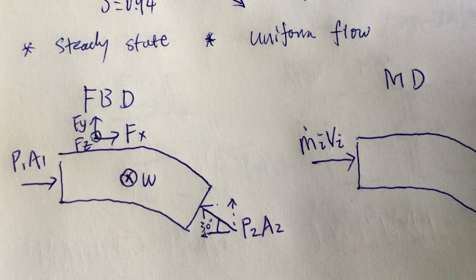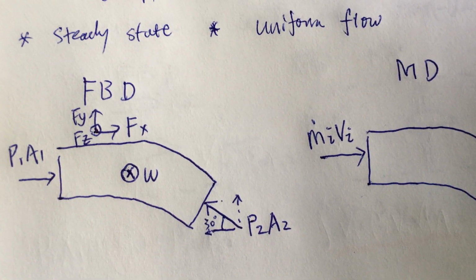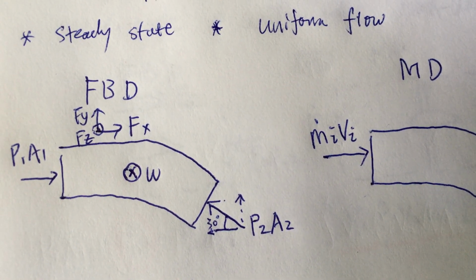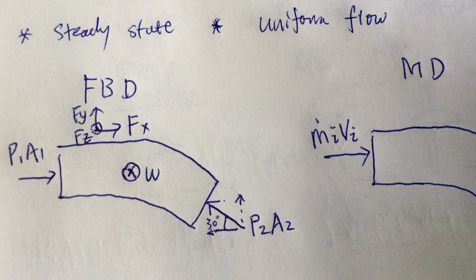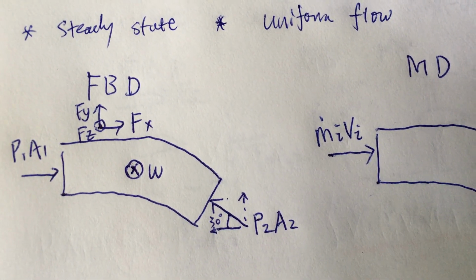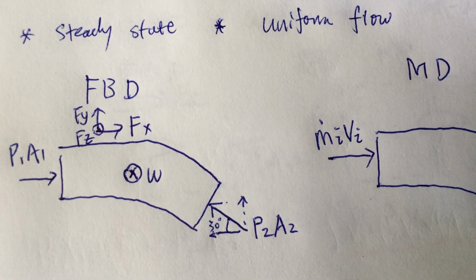If you detach the support, you draw a free body diagram, you have to replace it by the force. You don't know the direction of the force at the beginning, right? So you just assume Fx, Fy, and Fz, three force components. That's the force required to hold it.